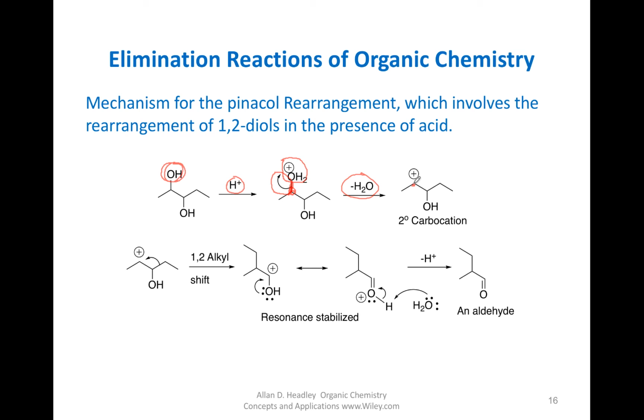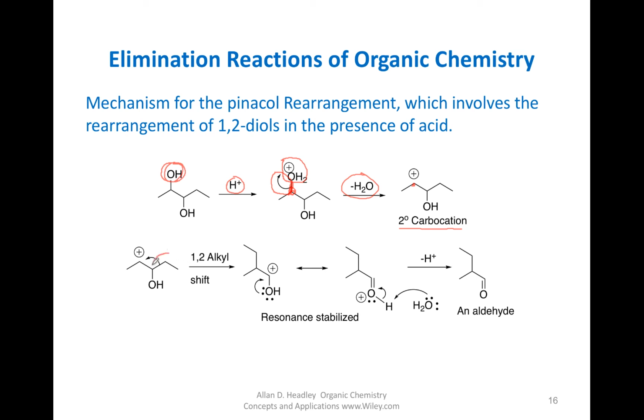As you can imagine, carbocations are not very stable. This one happens to be a secondary carbocation. Let's see if it can rearrange to produce a more stable carbocation. Here's one way it can rearrange.